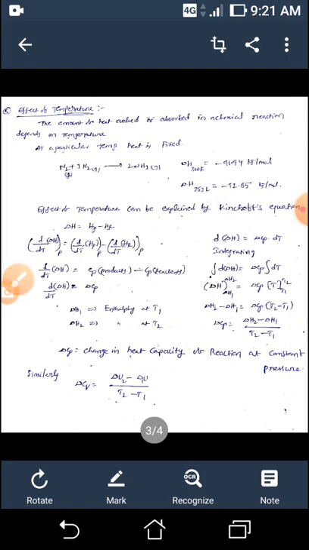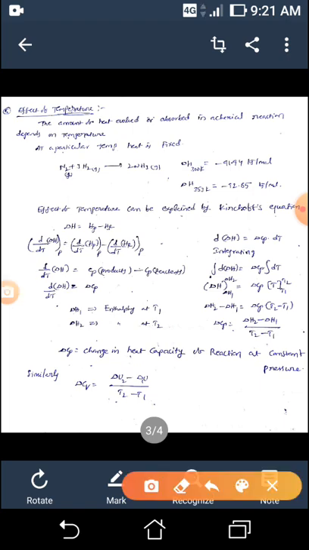And then the next property is effect of temperature. The enthalpy of a reaction depends upon temperature. If the temperature changes, the enthalpy of a reaction also changes. For a particular reaction occurring at a particular temperature, the enthalpy of reaction is fixed.